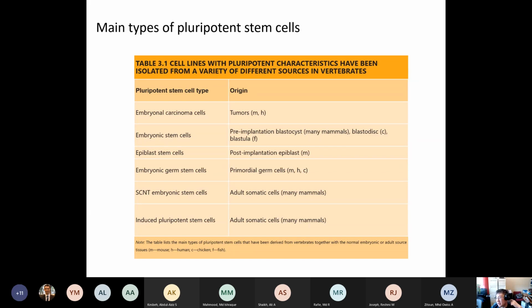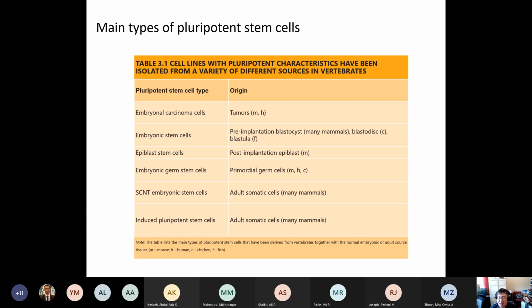And then the fourth cell type that can be considered pluripotent is embryonic germ stem cells. So what are those? Those are the stem cells that will give rise to sperm and oocyte, the egg cell. So they have an ancestor.